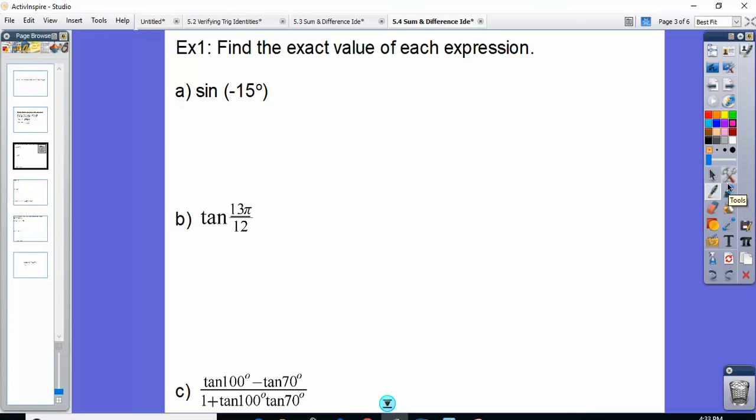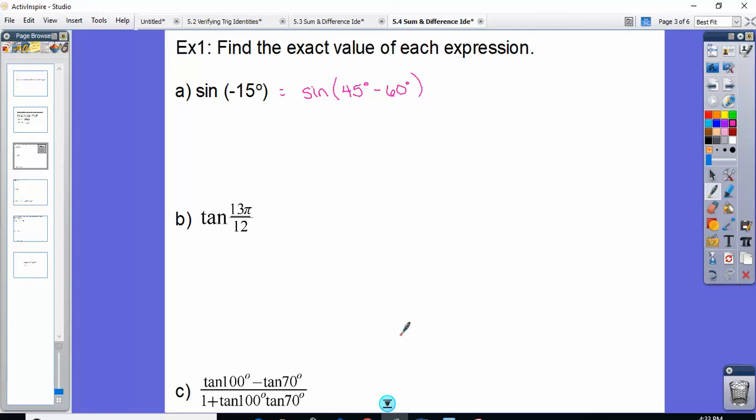Sine of negative 15 degrees. So I need two things that add or subtract to negative 15. Since it's a negative, I'm going to subtract. I'm going to do maybe 45 minus 60.